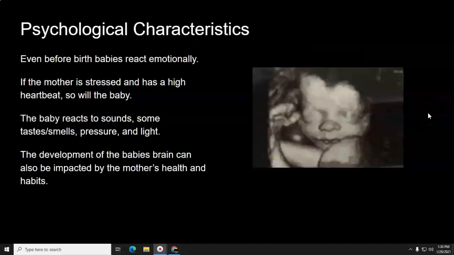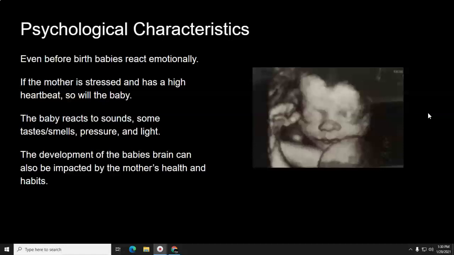So psychological characteristics, and you might think this is strange that babies have a psychology when they're still inside their mother, but they do react emotionally. If the mother is stressed and has a high heartbeat, then the baby is stressed too. Because think about what happens to our bodies when we're stressed. Our heart rate goes up, our respiration changes, and we release different hormones into our system.